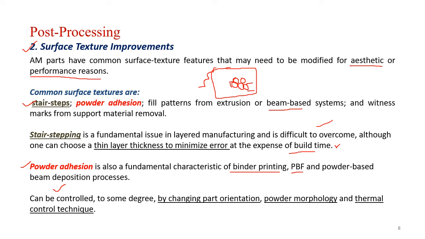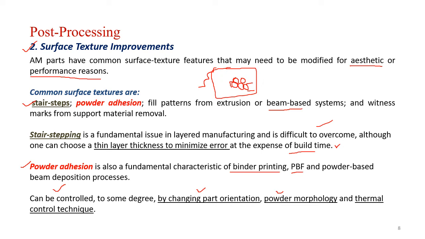But by changing part orientation, powder morphology and thermal control techniques, we are able to get a surface texture improvement. Means what we are doing is, we are finding separate powder shapes which are going to get bonded, which have very high surface finishes. For that also it can be used.